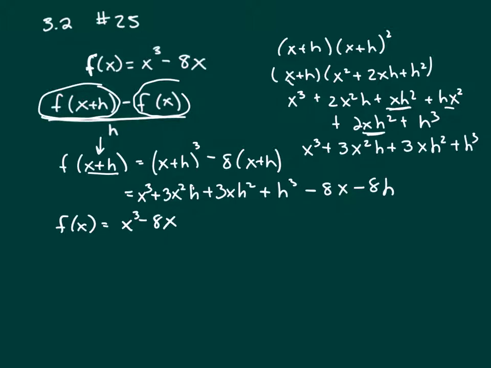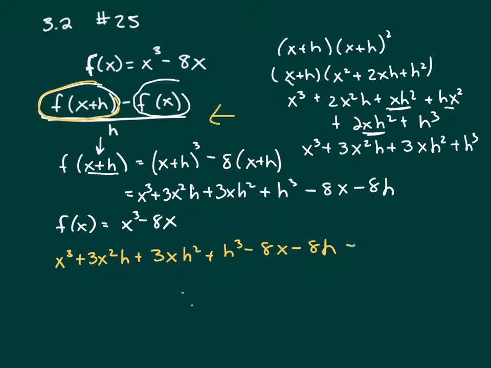This is the difference quotient. The first term is f of x plus h. We know what that is. That's x cubed plus 3x squared h plus 3xh squared plus h cubed minus 8x minus 8h.